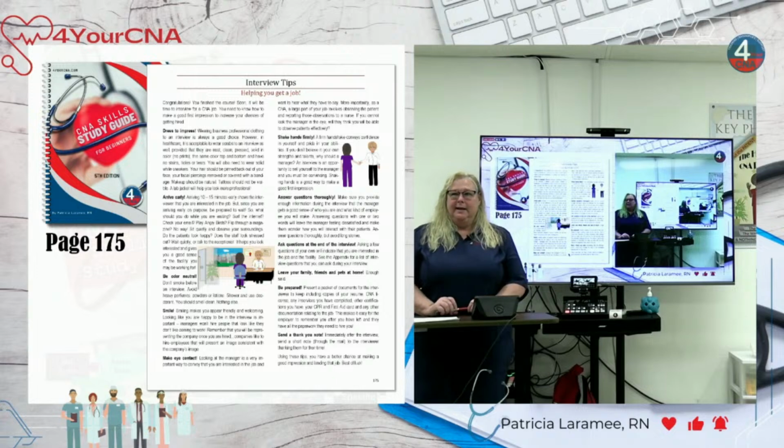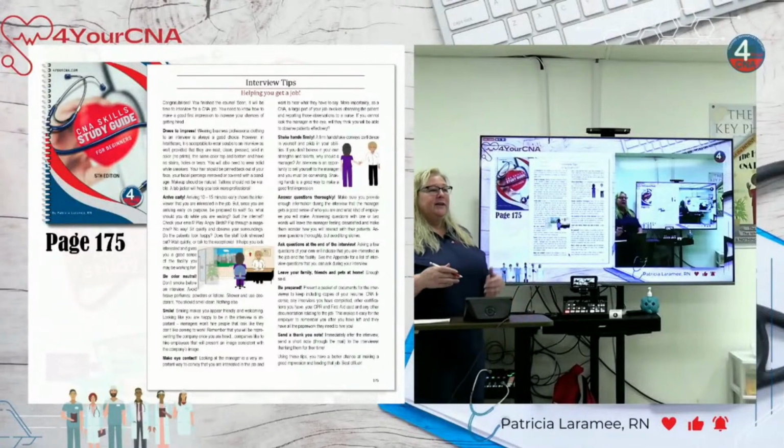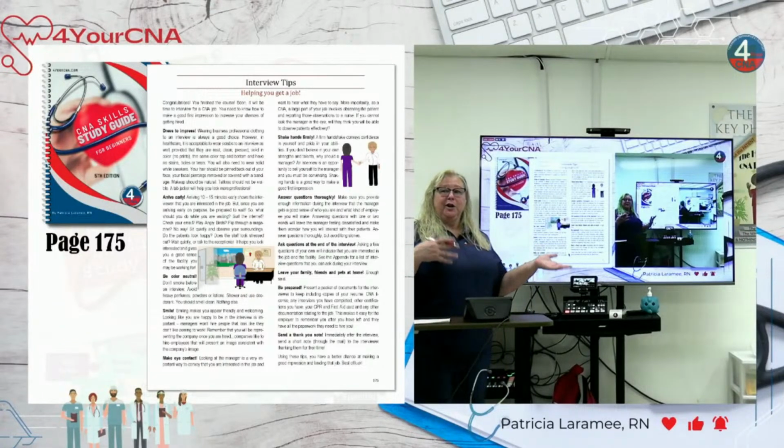They did not get the job. The receptionist picked up on that. So yeah, the receptionist can absolutely cost you your job. They probably could have had a bad interview, but if they had not done that, they probably would still have the job. So even little things like that, make sure you're paying attention. Everything you do is a reflection of how you're going to be as a CNA.